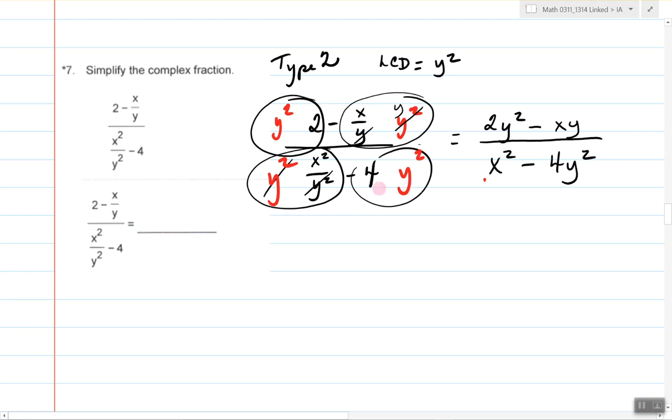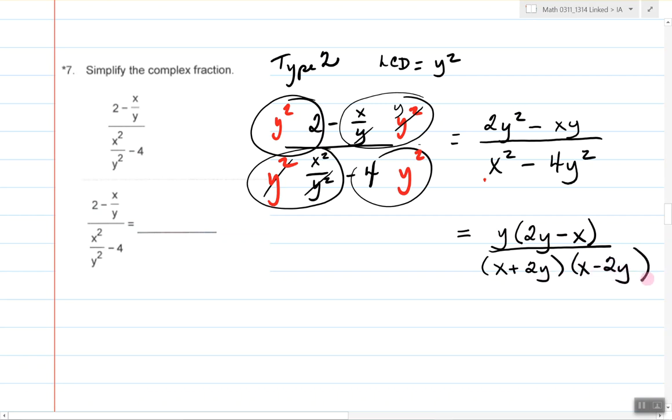Looking at this, I think there's some factoring I can do. The numerator, the GCF is y, and that will leave me with 2y minus an x. The denominator is the difference of squares, so it's going to be x plus 2y times x minus 2y. Now these two terms are not equal because there is no commutative property of subtraction.